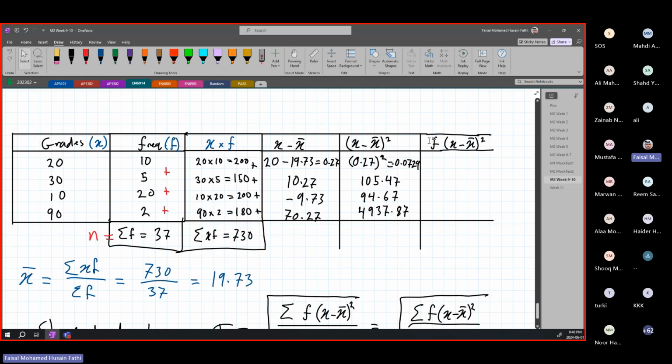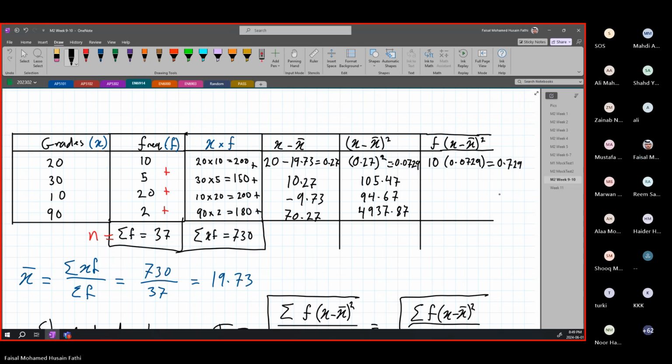The last thing we need to do is multiply it by the frequency f, which is here. So it is going to be 10 times 0.0729, which is equal to 0.729, and the same we will do for the rest. Then you have 5 times 105.47, which is 527.35.